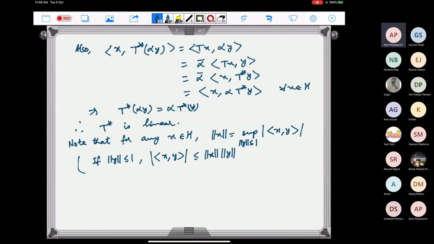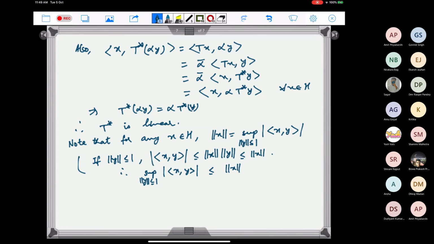This is by Cauchy-Schwarz, and norm y is less than equal to 1, so this is less than equal to norm x. So therefore this supremum over norm y less than equal to 1 is less than equal to norm x.